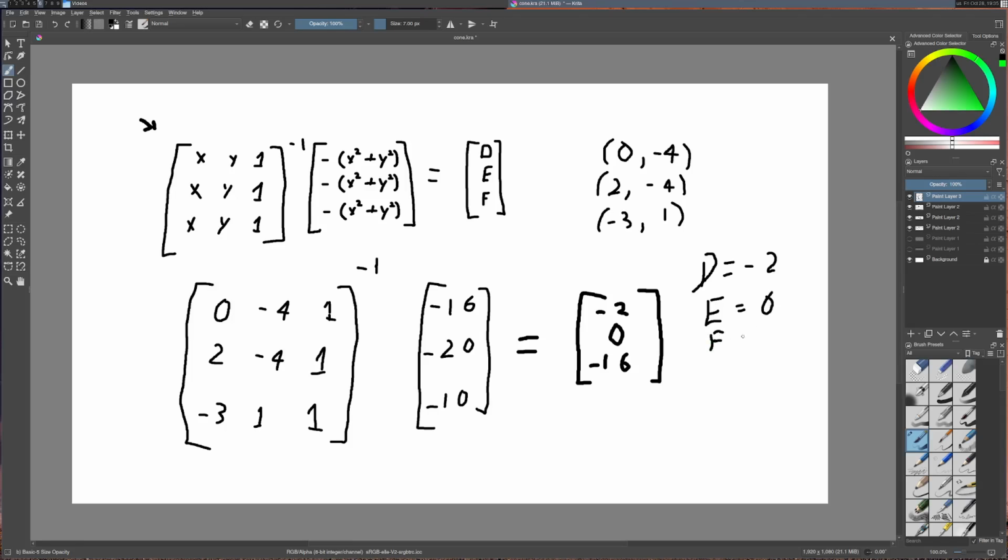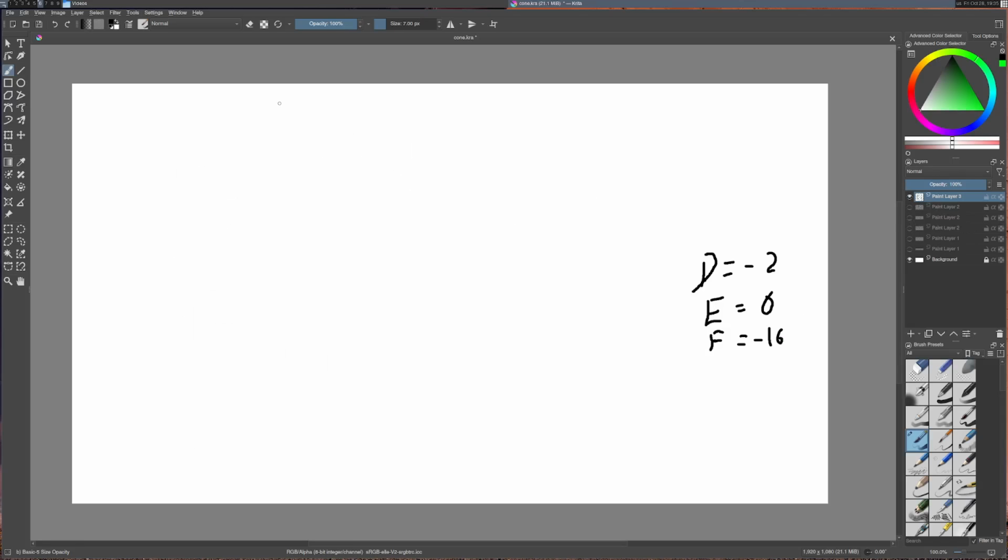So when we apply that to this, that gives us our coefficients. D will equal negative 2, E is 0, and F is negative 16. And so the full equation would look something like this: negative 2x plus 0y minus 16 equals negative x squared plus y squared.